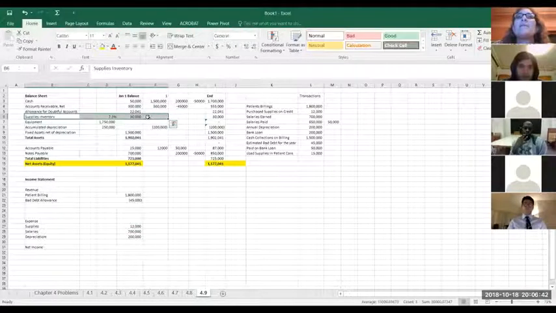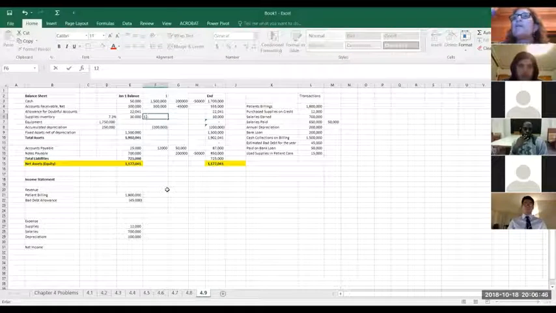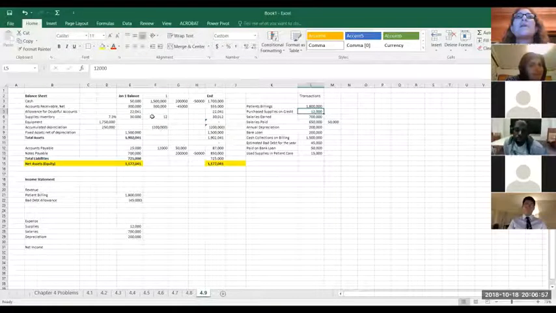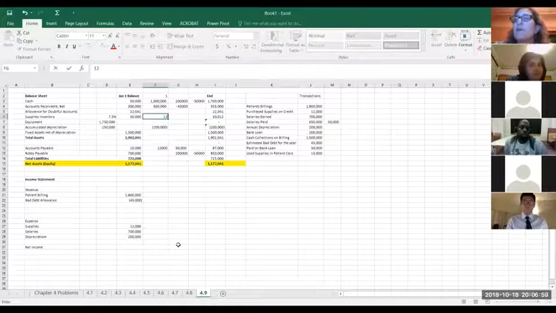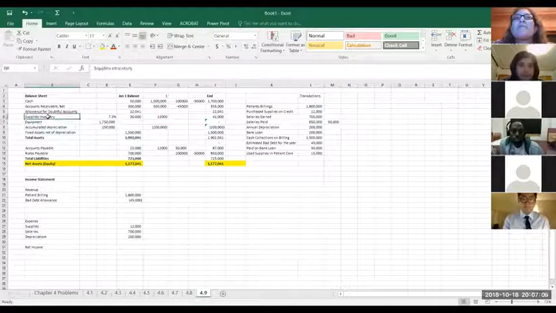So what happened is when we bought that 12,000, it went into inventory, right? How much was the supplies again? Let's go back up here. 12,000, that's right. So that supplies would go into our balance sheet as an asset. Supplies inventory right there. Okay. I missed that. Sorry about that.